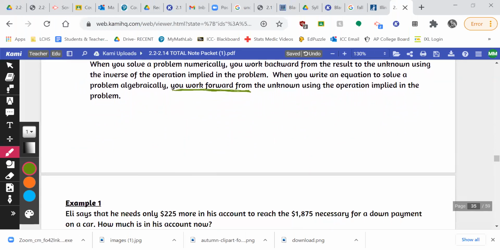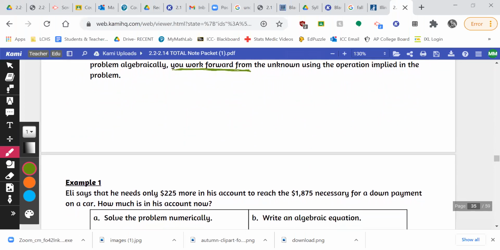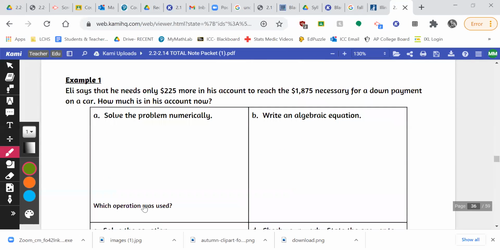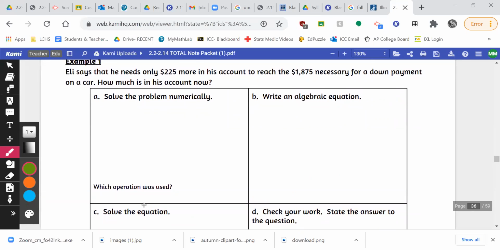So because we're going to do the opposite, it's going to feel a little bit opposite of what you would usually do, but just realize that this is part of the process of switching our thinking from numerically to algebraically. And as you work through these, you will see that the actual text and setup of the problem is going to help guide us in how to actually solve algebraically.